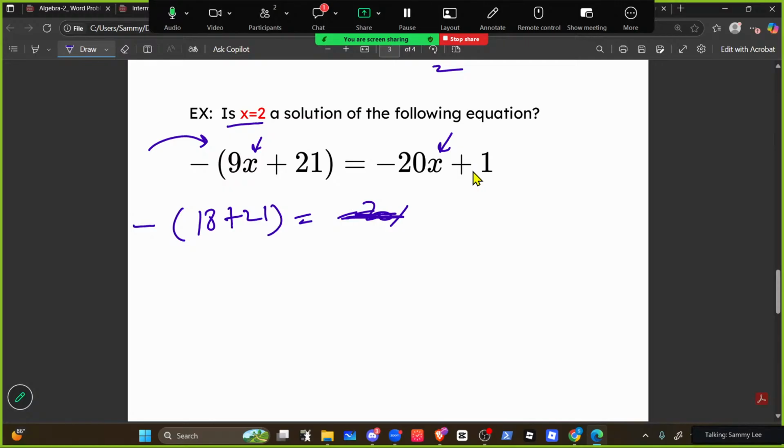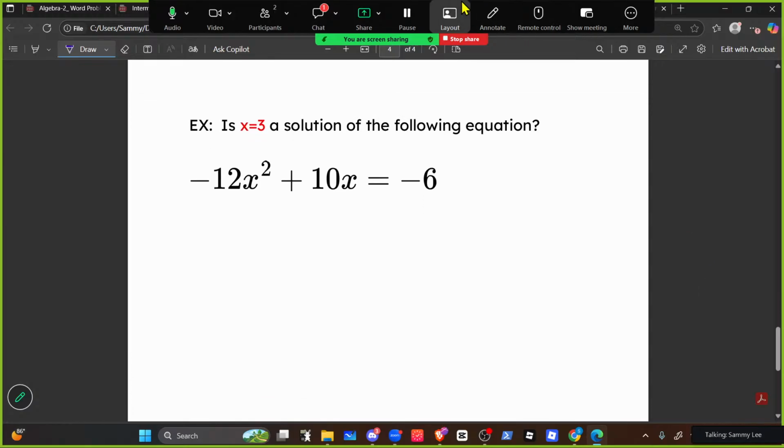Negative 40 and positive 1 is going to be negative 39. So on the right side, we have negative 39. 18 plus 21 is what? It's 39. And then you have a negative in front of it. So we're going to get negative 39 equals negative 39. And that is obviously a true statement. They are equal. So x equals 2 is a solution. Good.